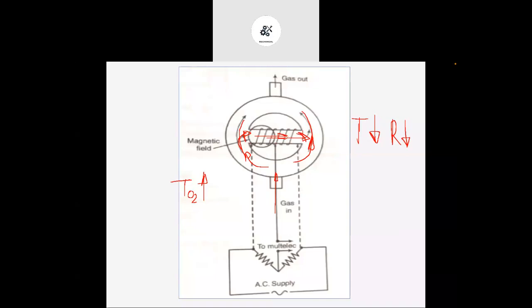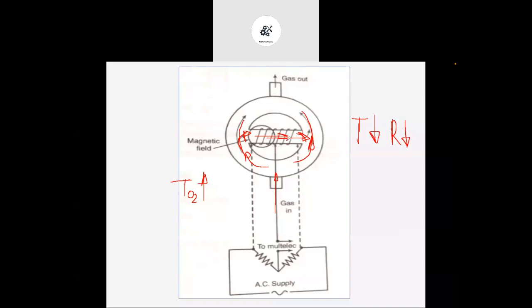So as the content of oxygen increases in the flue gases, more oxygen will travel through this particular path, and it will absorb more and more heat. Because of that, the temperature of this particular winding will decrease. It will reduce the resistance, and that will cause more unbalance in the Wheatstone bridge.